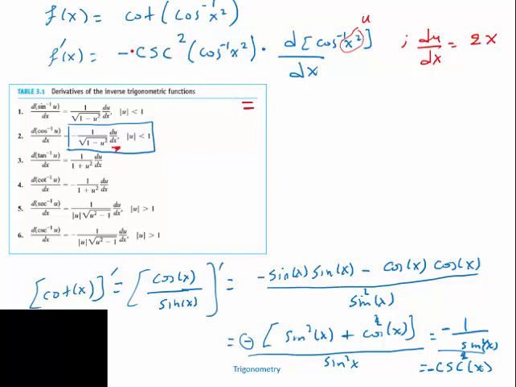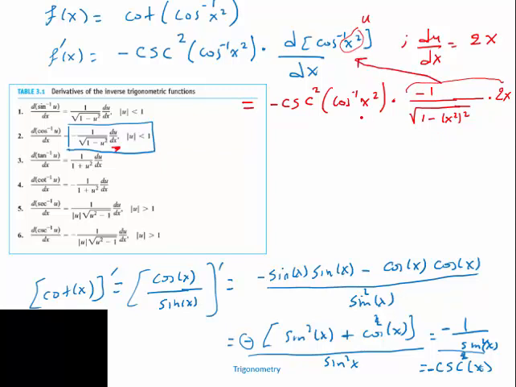Now this is equal to minus cosecant square of cosine inverse of x square, multiplied by the derivative of cosine inverse, which is minus 1 over radical 1 minus u square, so 1 minus x power 4, multiplied by du by dx, which is 2x. So this is the derivative of cosine inverse of x square.